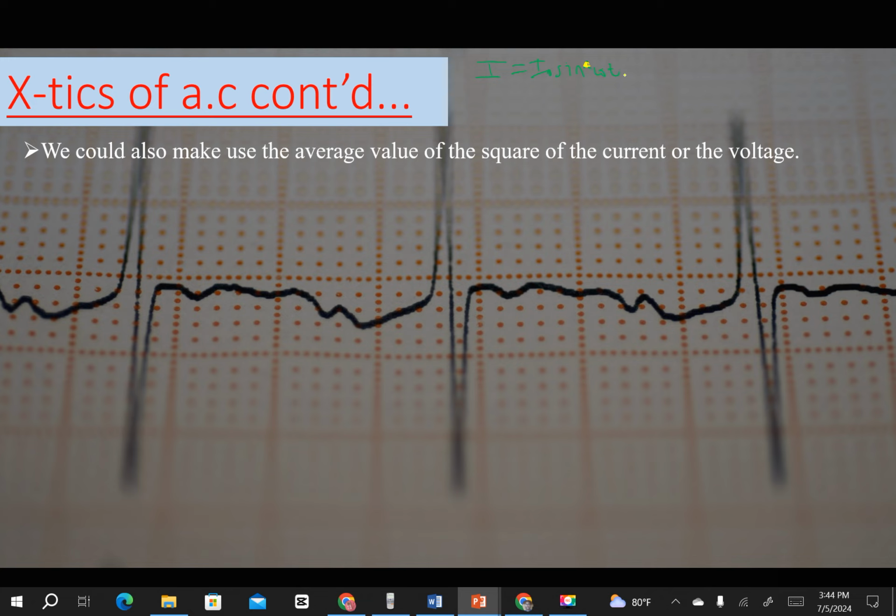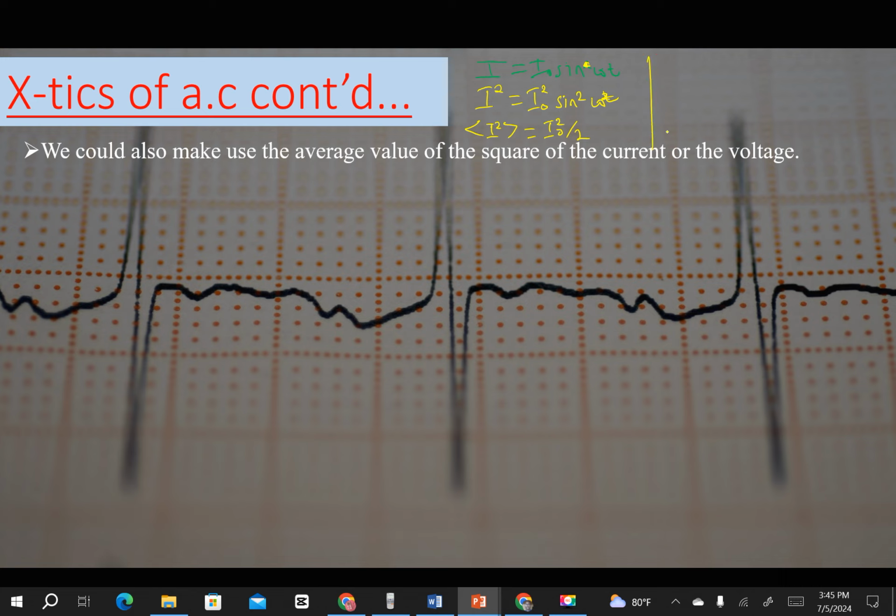How about if we square this current so that we have I squared equal to I naught squared sine squared omega t, and maybe later on we can find the square root. So in that case, if we find the average of I squared, it will no longer be 0. The average value of I squared is going to be, because the average of sine squared omega t is a half, I naught squared divided by 2.